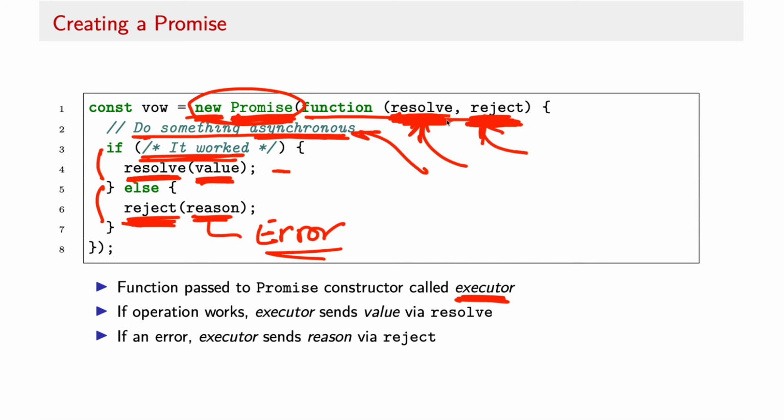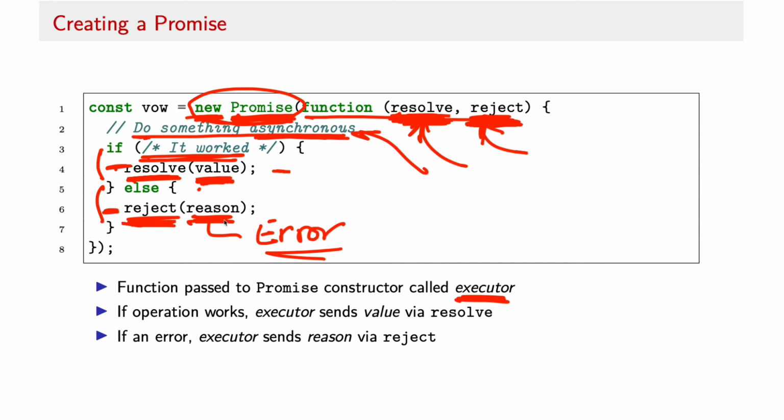Notice that these are just ordinary identifiers. We could call this A and B as long as we called A here and B here. It doesn't matter what those things are called, as long as we obey the semantics of the way that this function is defined. And that's to call the first function with the value if it worked, and the second function with the error if it didn't work.